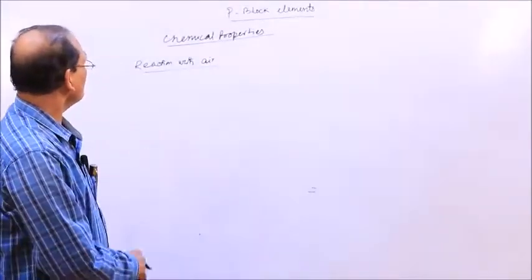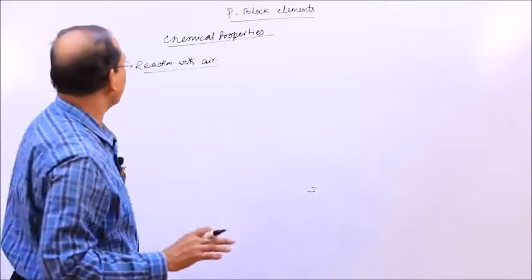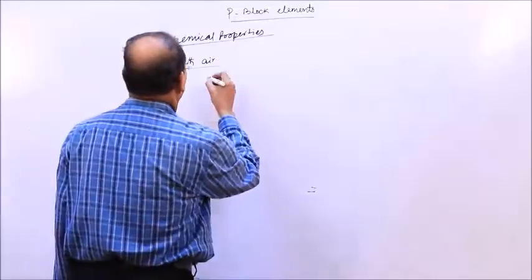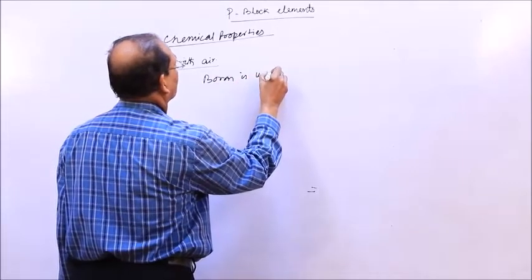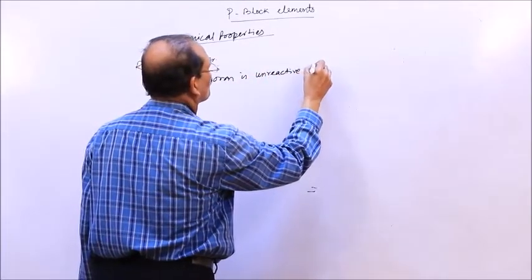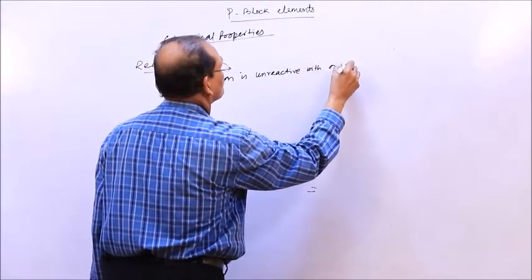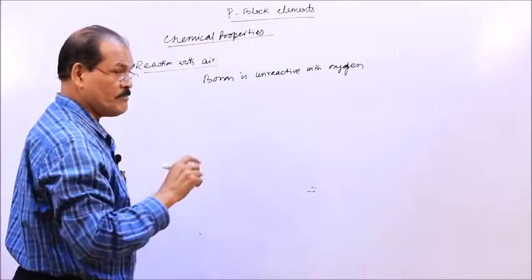Next, reaction with air, that is oxygen. Boron is unreactive with oxygen, but aluminum gives a layer.